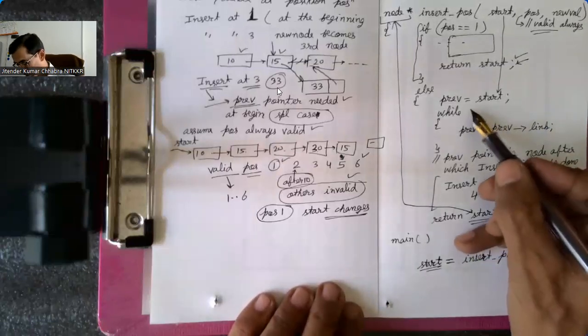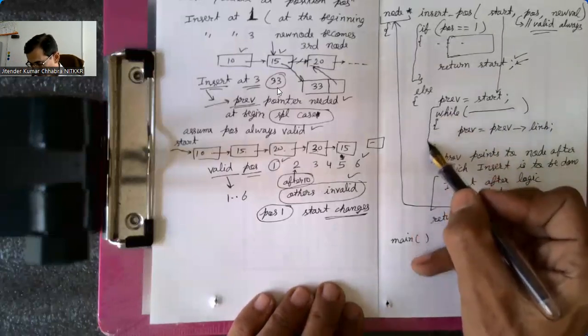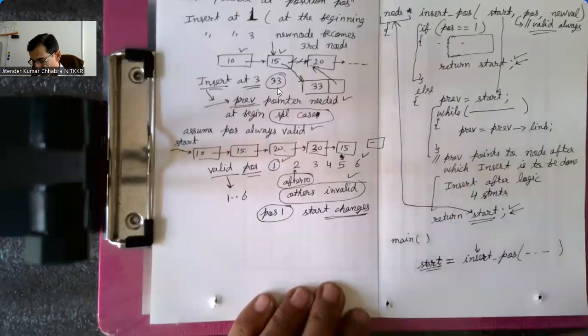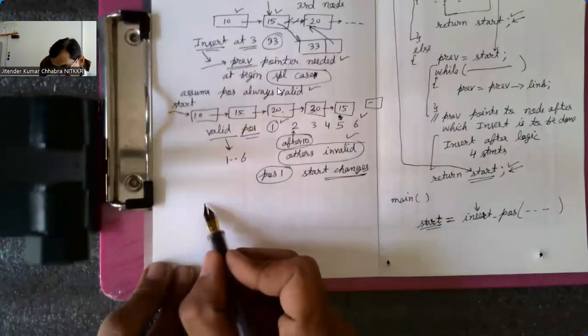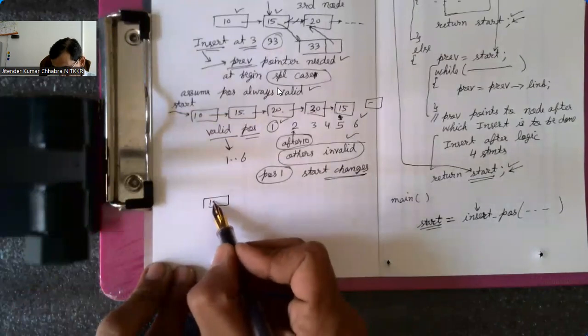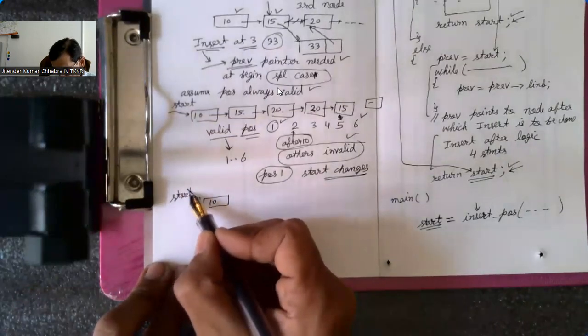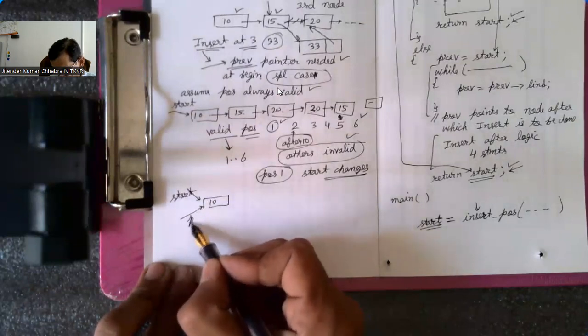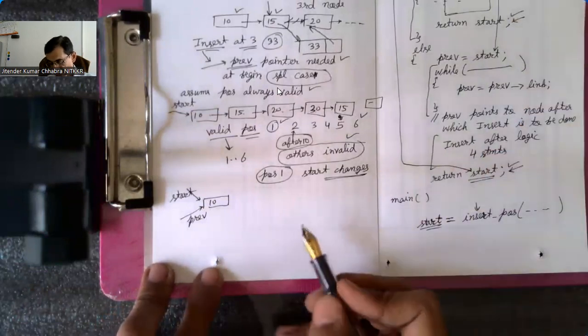Now, what should be the condition here? So I have to see what should be the condition written. Let's see what I need to do. Think of a situation, let's say I'm at node 10. This is my start. So currently my previous is also here. If position was 1, code is separately handled.